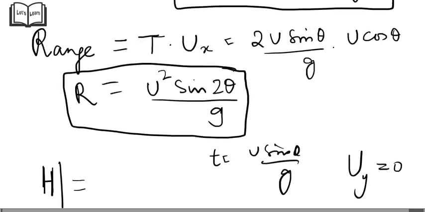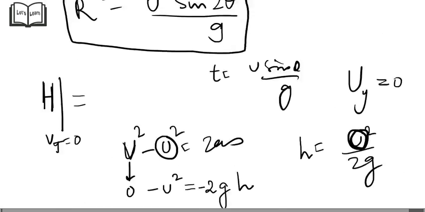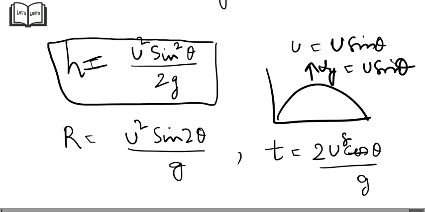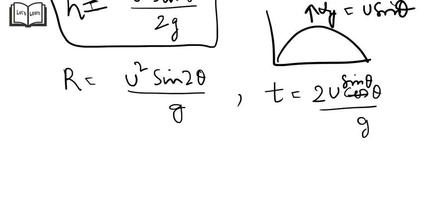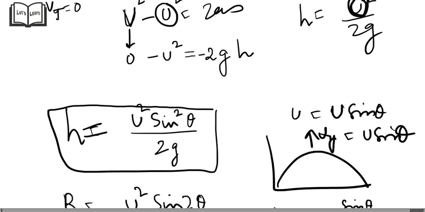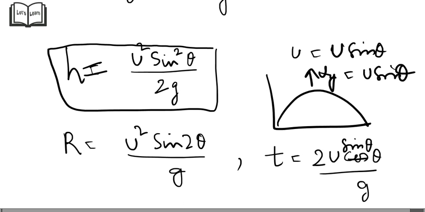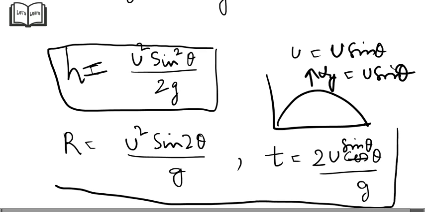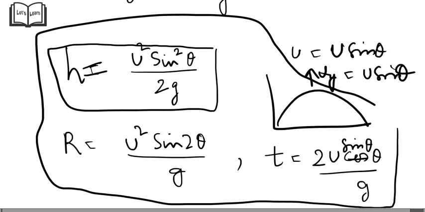Let me confirm that one once again. I did not actually remember. No, it actually was sin theta. Okay, fine. So these three formulas are the most important formulas in projectile motion. You have to remember all this. I myself don't remember these formulas. You just derive them.